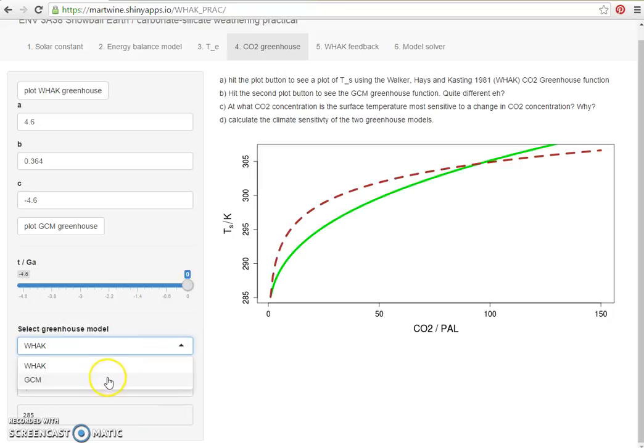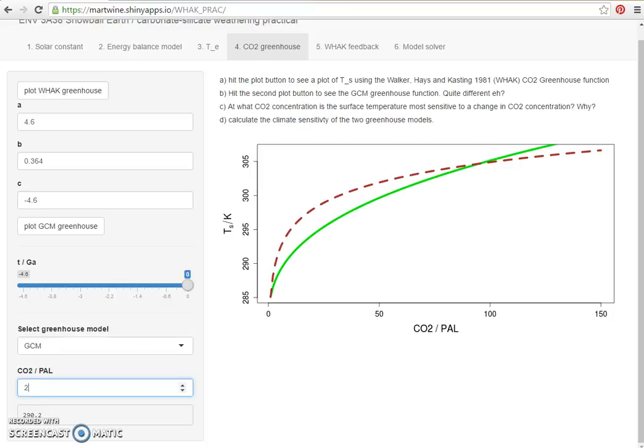If we now look at the other model, notice they don't start at exactly the same value. Increase that to 2, we go from 287.2 to 290.2, so that has a climate sensitivity of 3. So that's considerably higher, but off the top of my head, the recent IPCC report suggested a climate sensitivity of between about 1.4 and about 3.2, I believe.